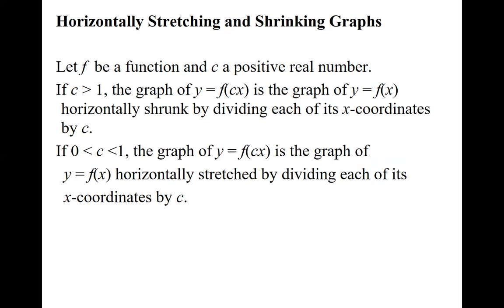The c is multiplied by the x instead of by the function. If c is greater than 1, then it's a horizontal shrink. If c is a fraction between 0 and 1, it's a horizontal stretch.